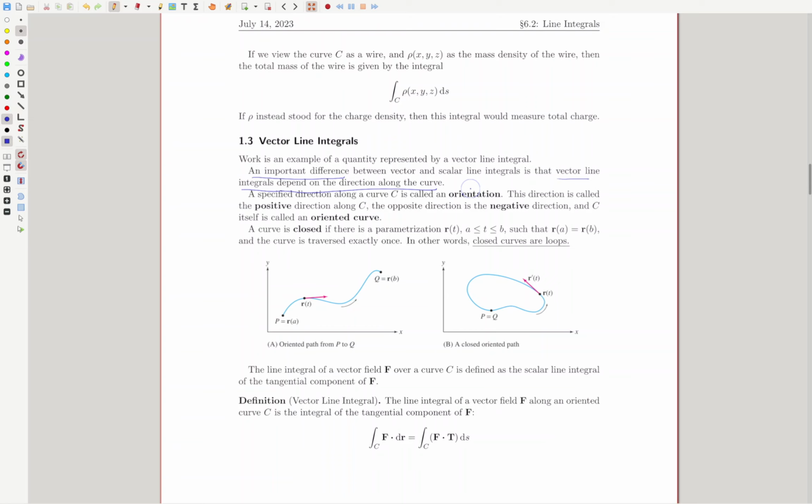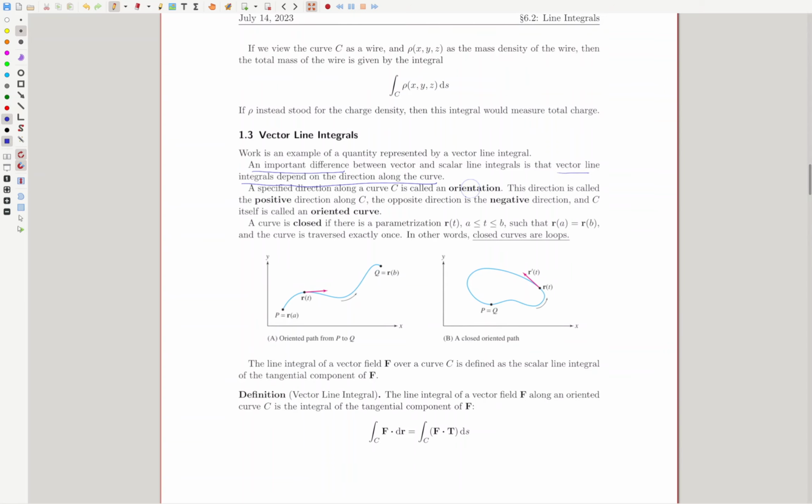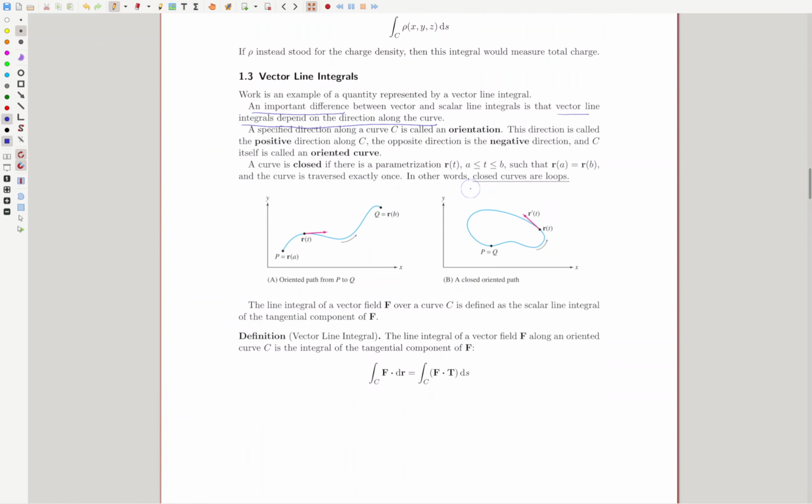Okay, so there's that. And then this term closed will show up more later on. There's a technical way of describing it: you have a parameterization with endpoints A and B that are the ends of the parameterization, but plugging A and B into the parameterization gives the same point.